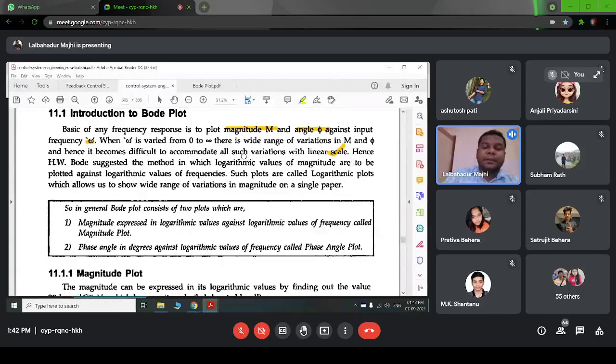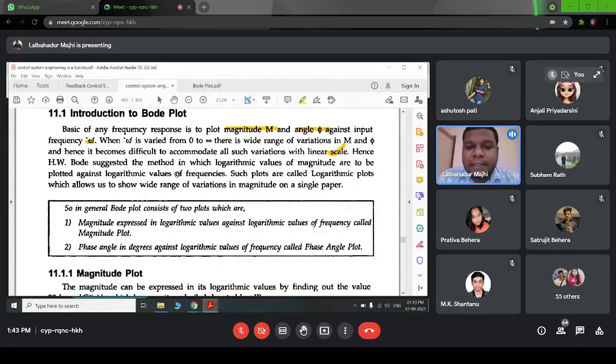Our frequency can be up to 10,000 radians per second, so it is very difficult to accommodate with a linear scale. Hence H.W. Bode suggested a method in which the logarithmic values of the magnitude are plotted against the logarithmic values of frequencies, right?